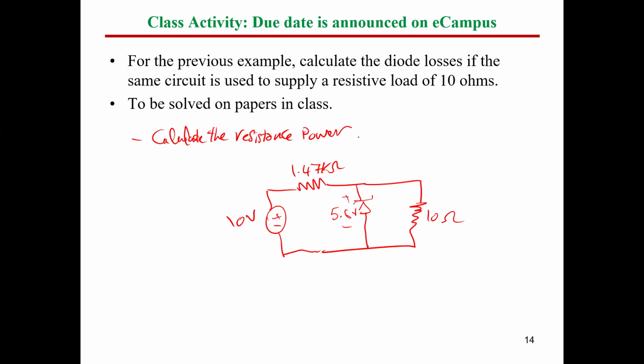So you have a 1.47 kilo ohm resistor. I'd like to know also the power across this resistor. This is a focal point in designing power supplies, guys. So we need to know what the power needed here for this resistor as well.